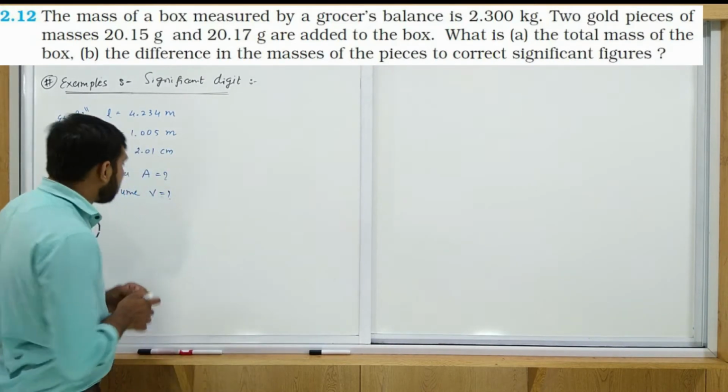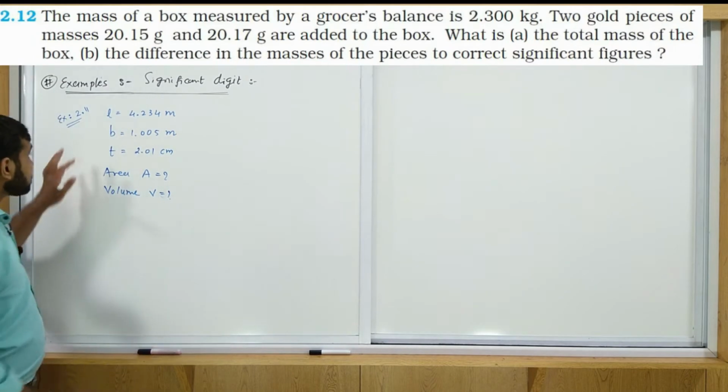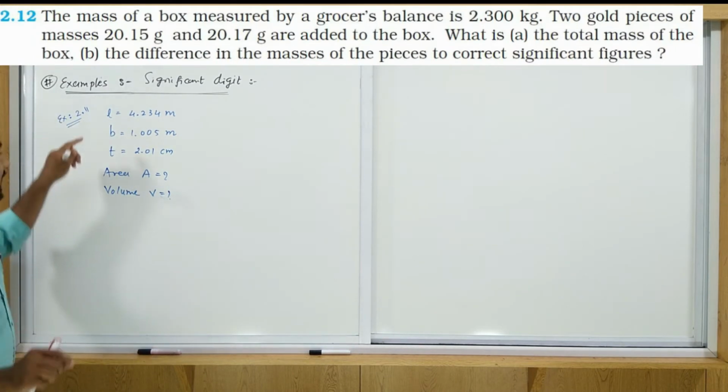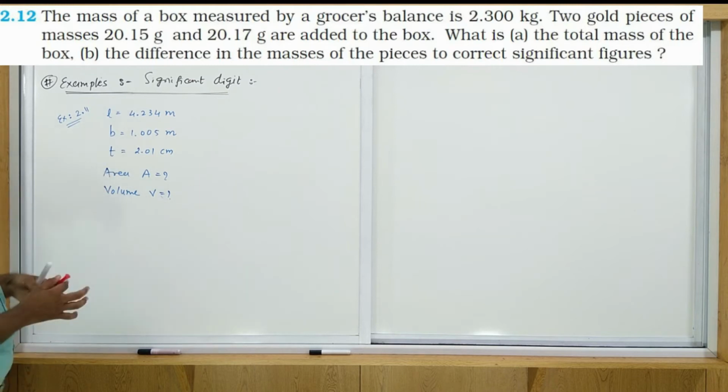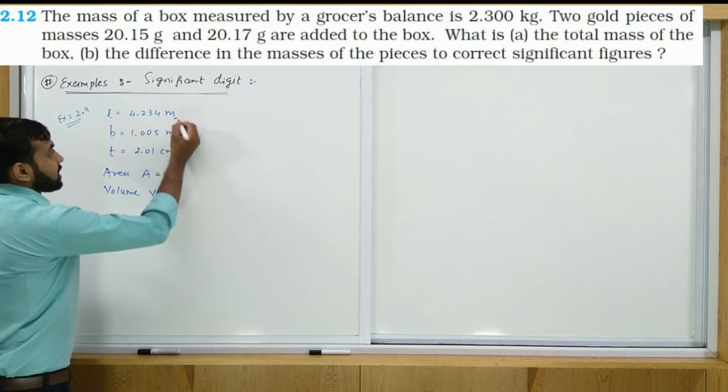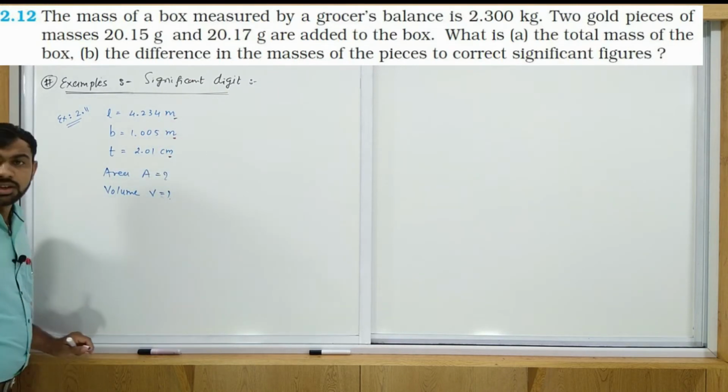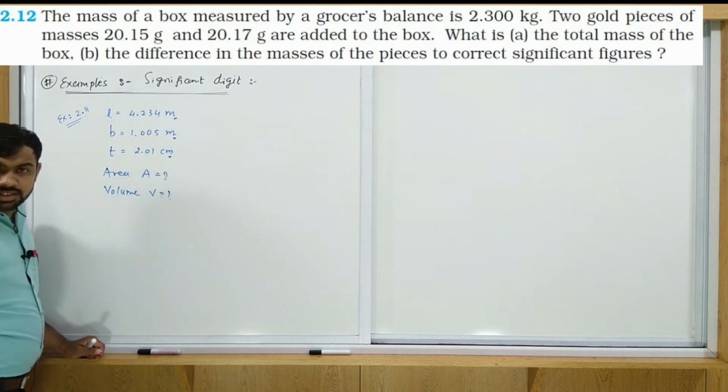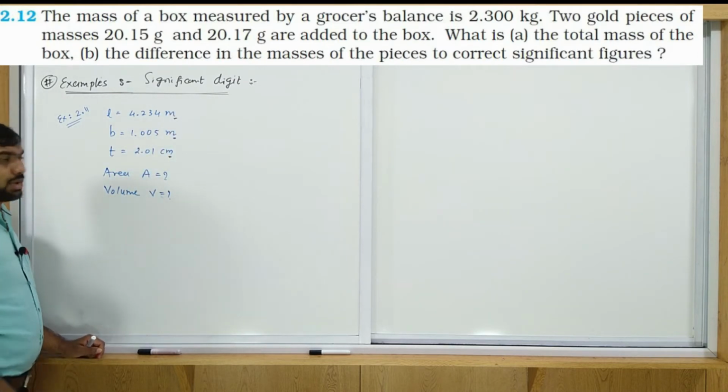First of all, draw this figure for more understanding. See, one sheet is given having this length, breadth and thickness. This is in meter, this is in meter, this is in centimeter. So all units must be considered in the same system, the SI system.